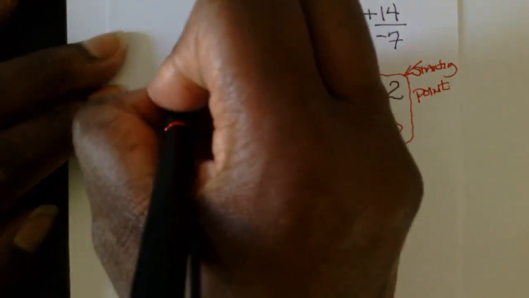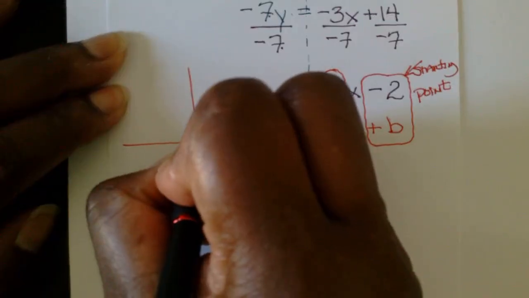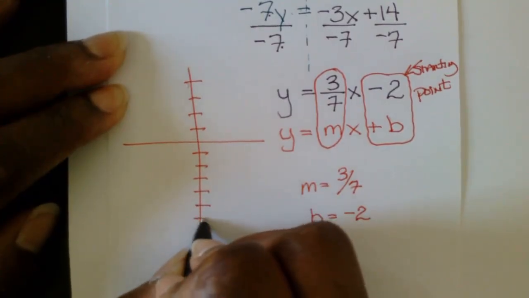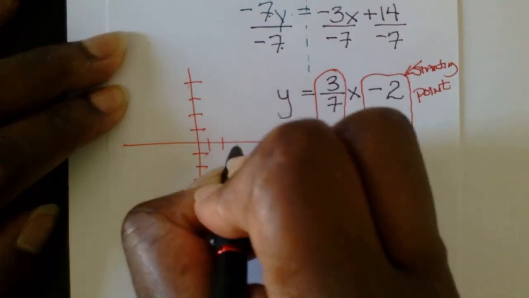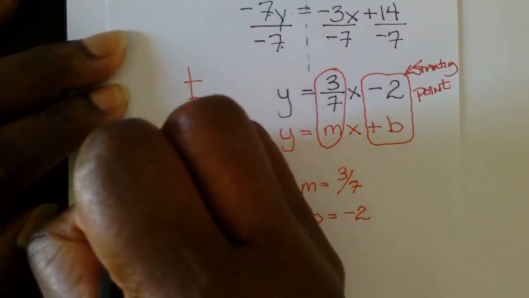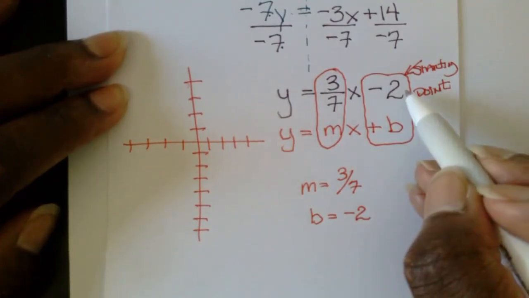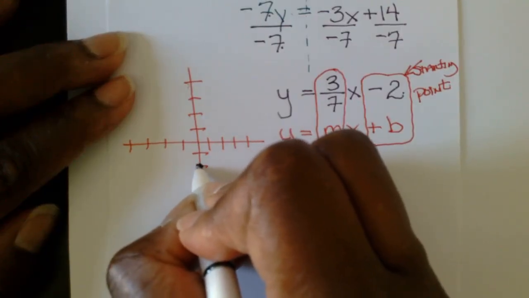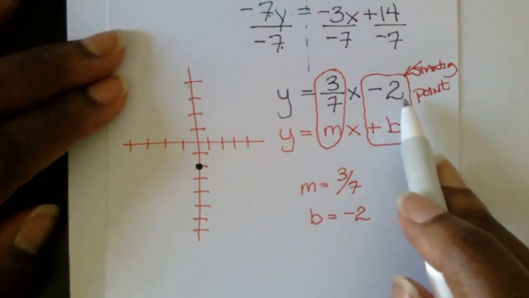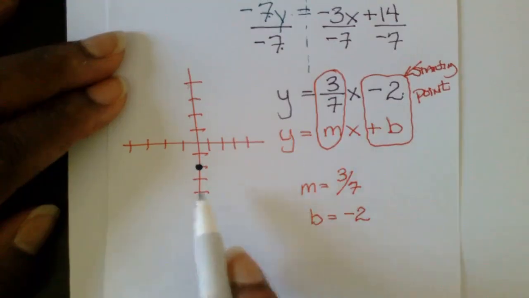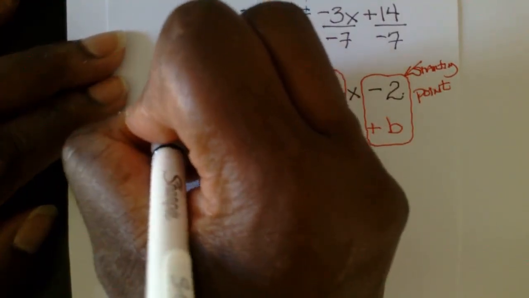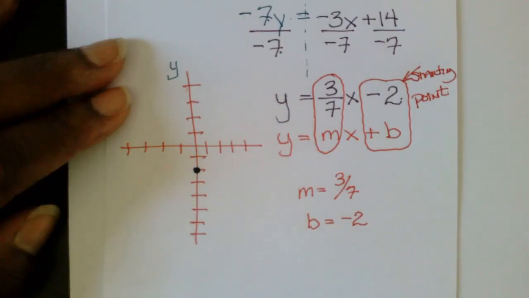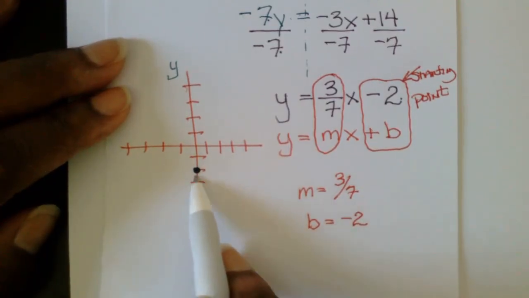So here's a little bonus for you. You're going to start at -2. Whatever your constant is, with the sign, that's where you start on the y-axis, because it's the y-intercept, because it's intersecting the y-axis.